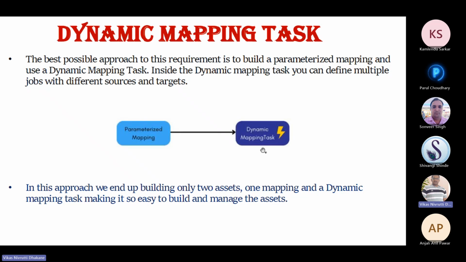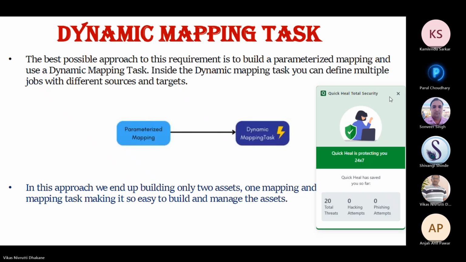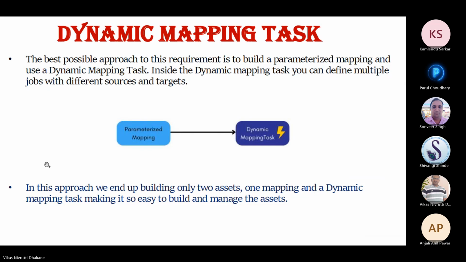So definitely this approach is better than the previous 2 approaches, correct? Out of these 3, which one is better? Dynamic mapping task.